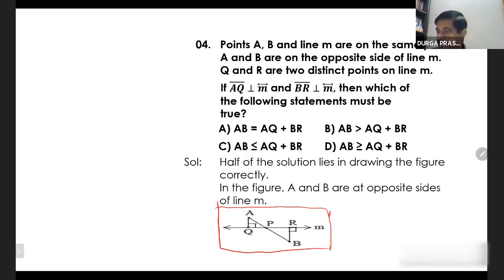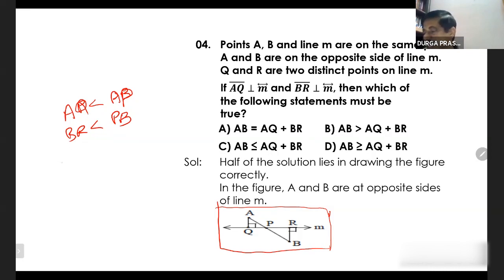Look at this. AQ is less than AP, and BR is less than PB.